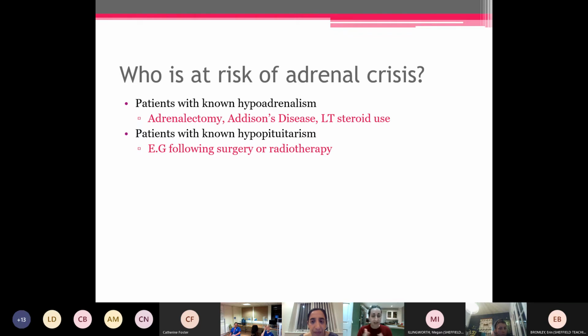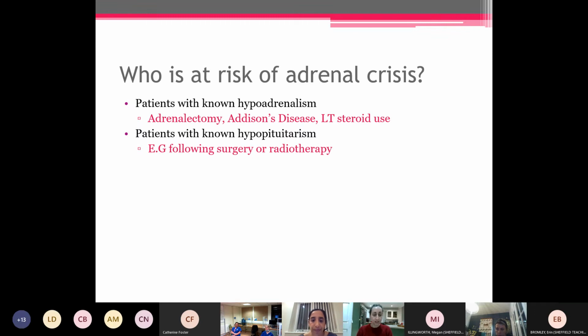The theory is that if they've got one autoimmune condition, they may have another, for example Addison's disease, and the symptoms of hypothyroidism and Addison's can overlap: the tiredness, the fatigue, generally feeling unwell. So before you start the treatment for hypothyroidism, you may want to check a cortisol to check that they don't also have hypoadrenalism. We don't always do that because so many patients have hypothyroidism. GPs wouldn't be checking a cortisol in all of those patients unless there was another reason to go down that route.